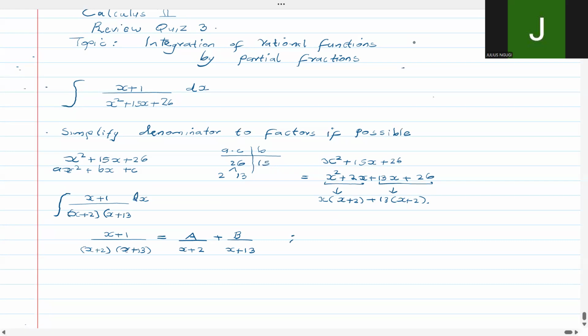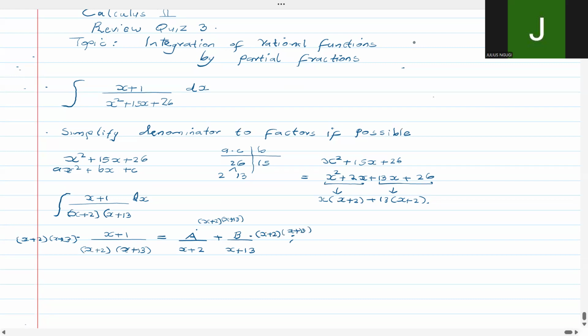You multiply all sides of the equation by x plus 2 and x plus 13, because that's a common factor, on all the fractions.